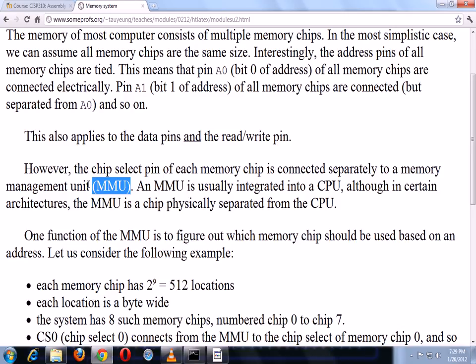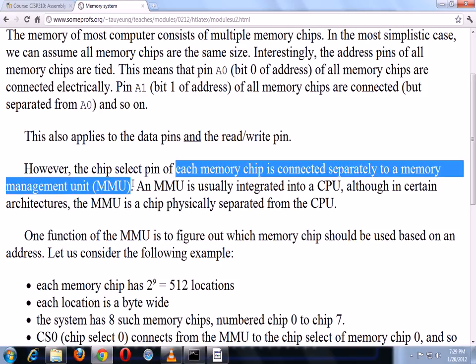But these days they're all integrated into the same chip, so you can't really see the MMU anymore because it is inside the same Pentium processor that you put into your system. But the most important part is each memory chip has its own chip select line connected separately to the MMU. That's the only part that is individual to the memory chips.